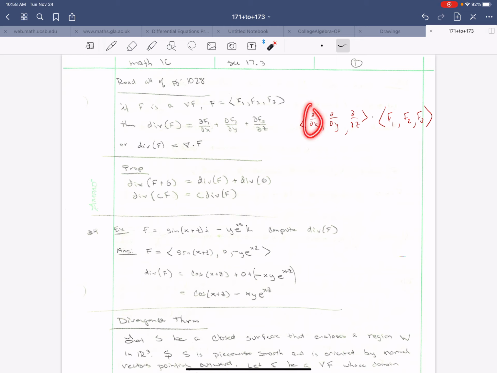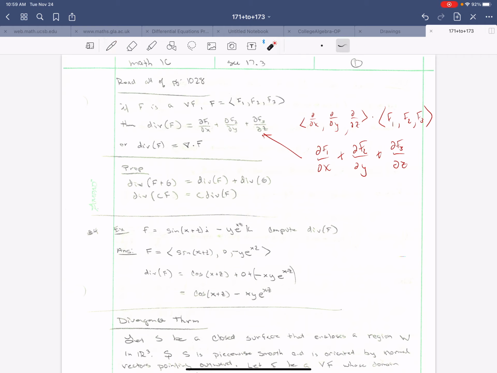Well, how do you do partial of x with respect to f1? That should be the partial of f1 with respect to x. Plus then, because we're doing a dot product, we do the second one times the second one, and that should be partial f2 with respect to y. And then finally, we do the last times the last, and that should be partial of f3 with respect to z. And that is exactly what is written up there.